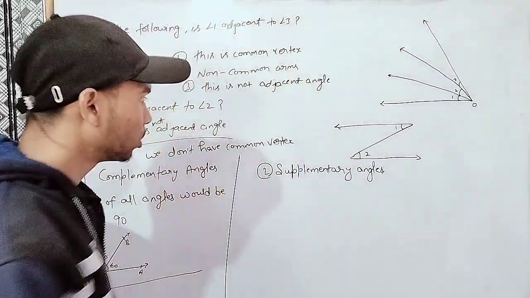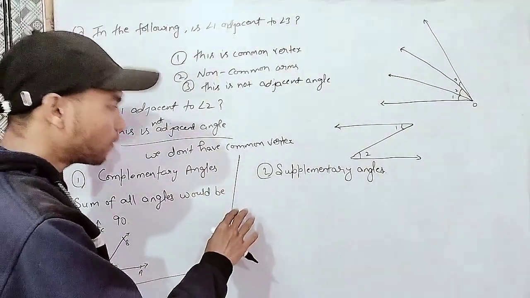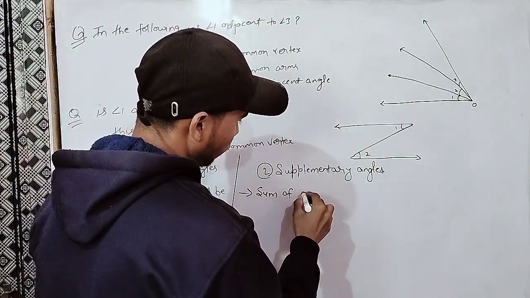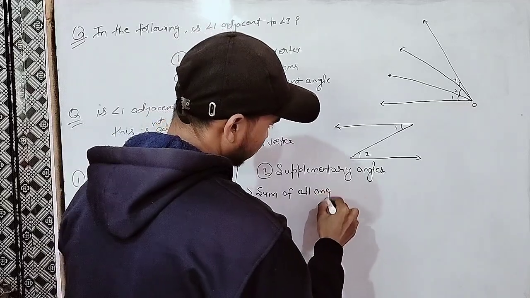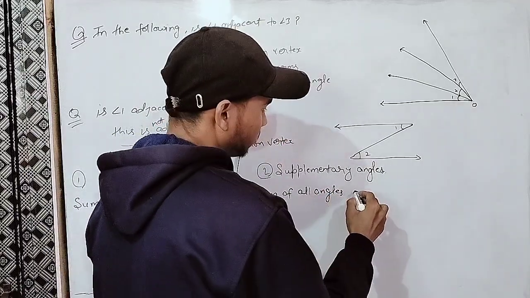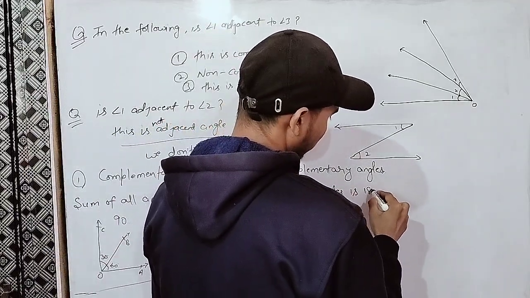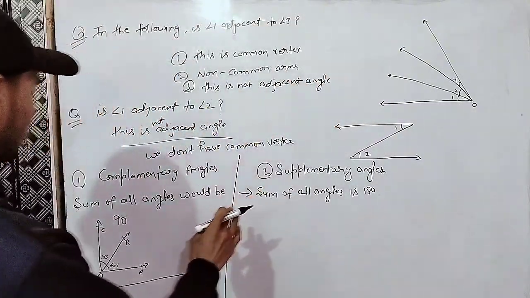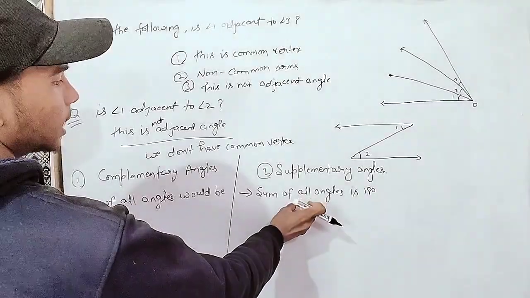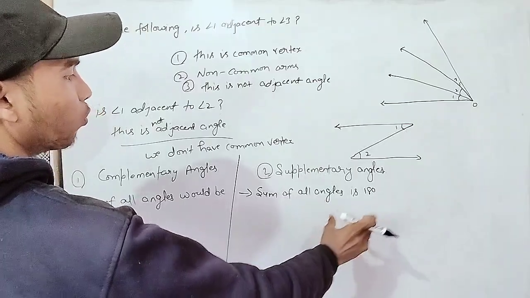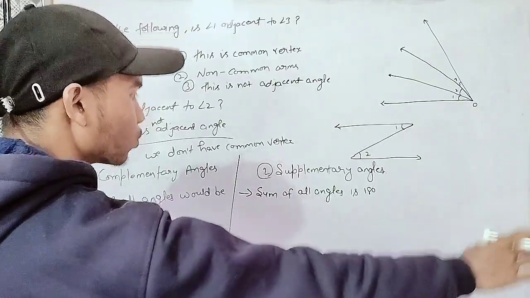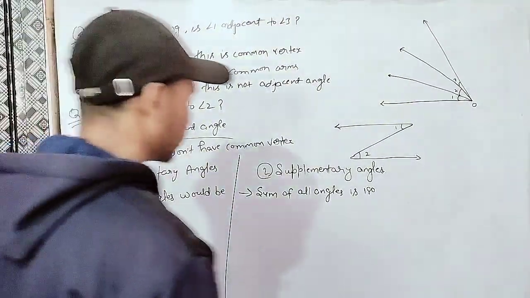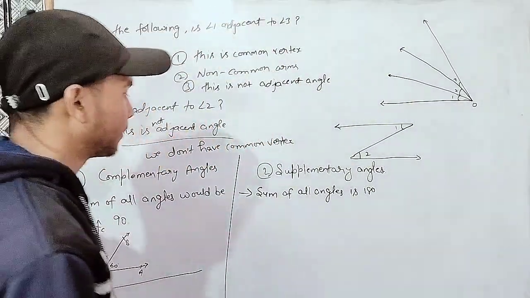So remember always, if the sum of all angles is 180 degree, these all angles would be named as supplementary angles. Clear?